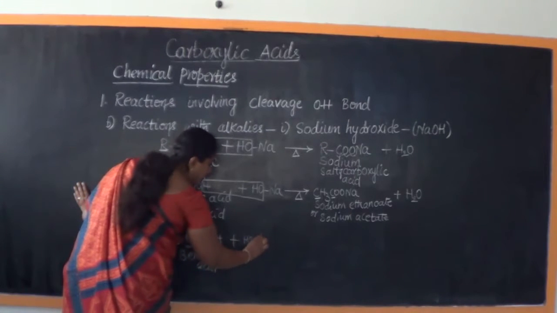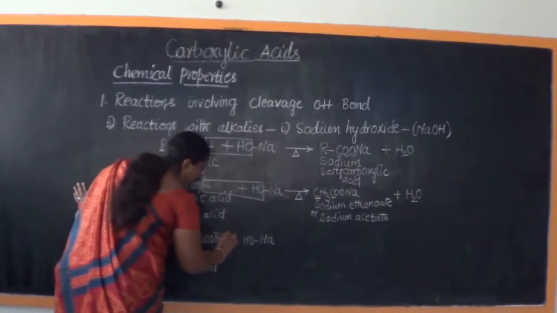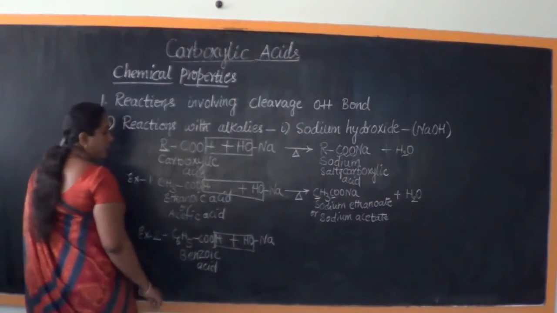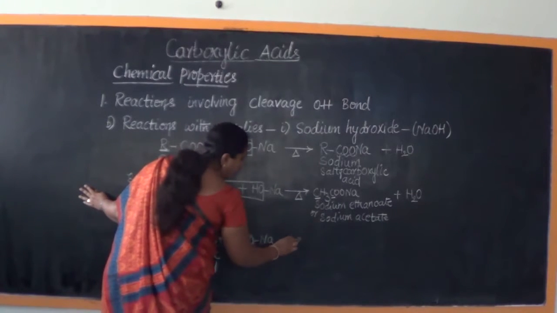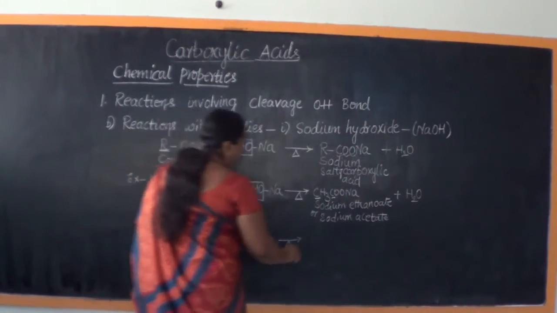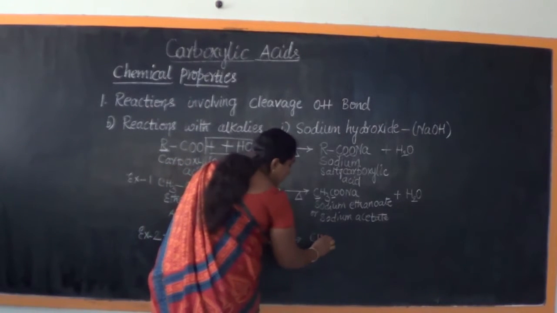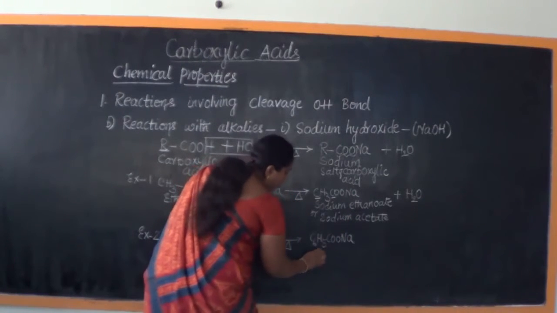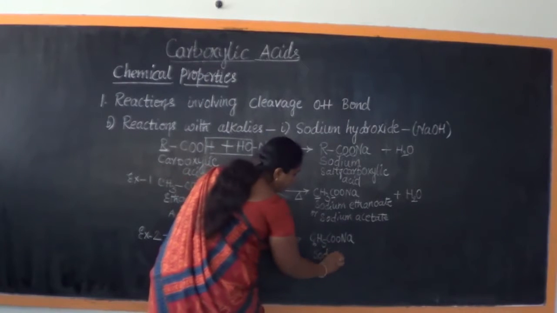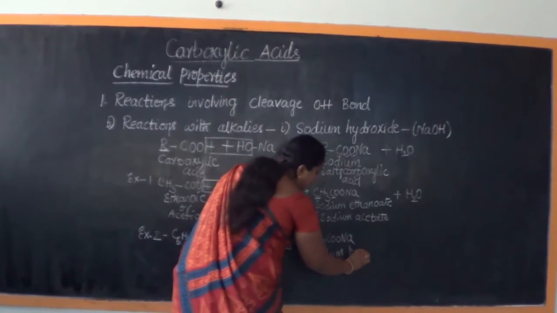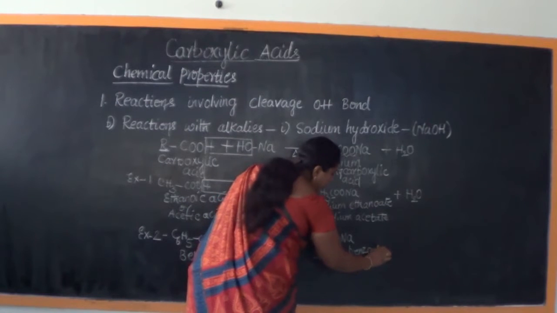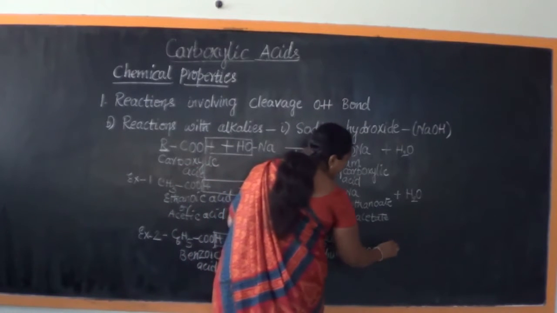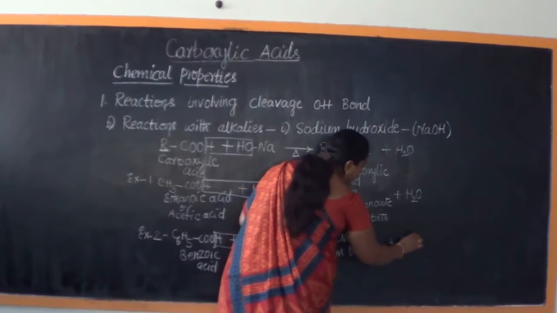When treated with the alkali sodium hydroxide, cleavage of the O and H takes place from the carboxylic acid upon heating, resulting in the formation of C6H5COONa. What is the name of this compound? Sodium benzoate. Sodium, and this is benzoate. Along with formation of water.